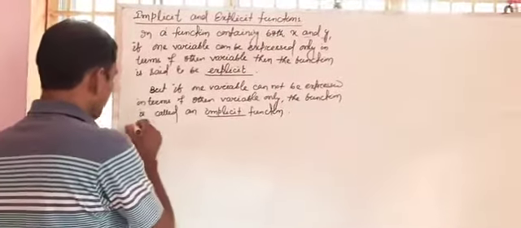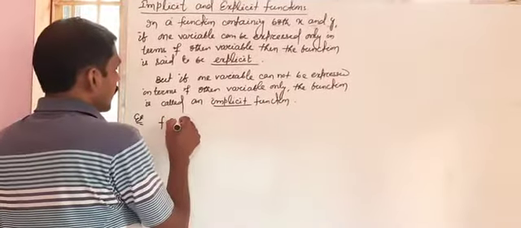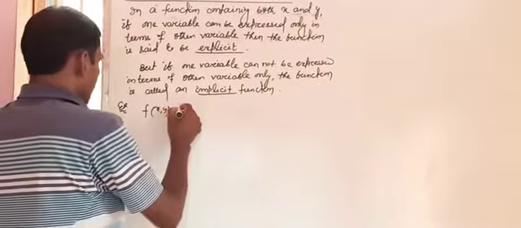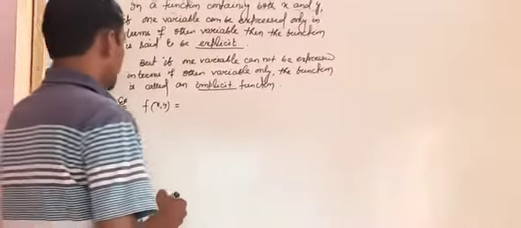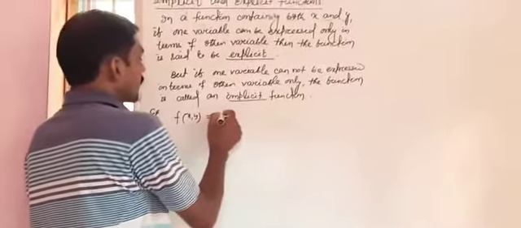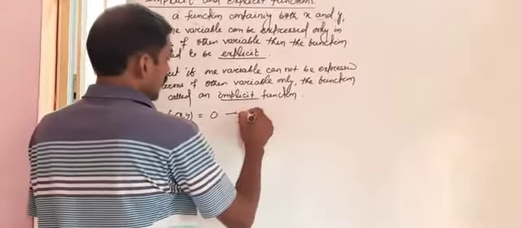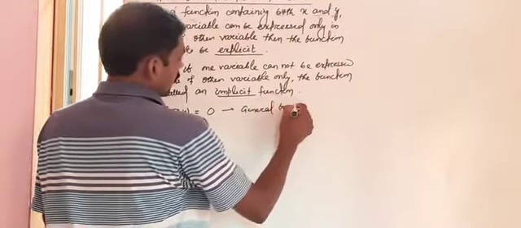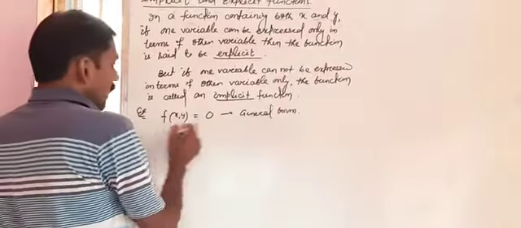For example, it is always in the form f of x, y equal to 0. This is the general form of this function.